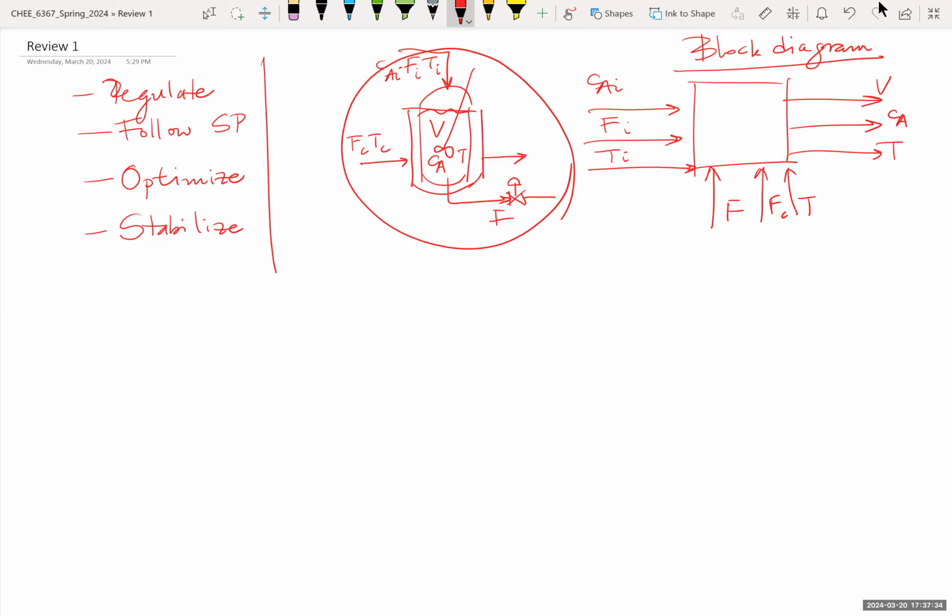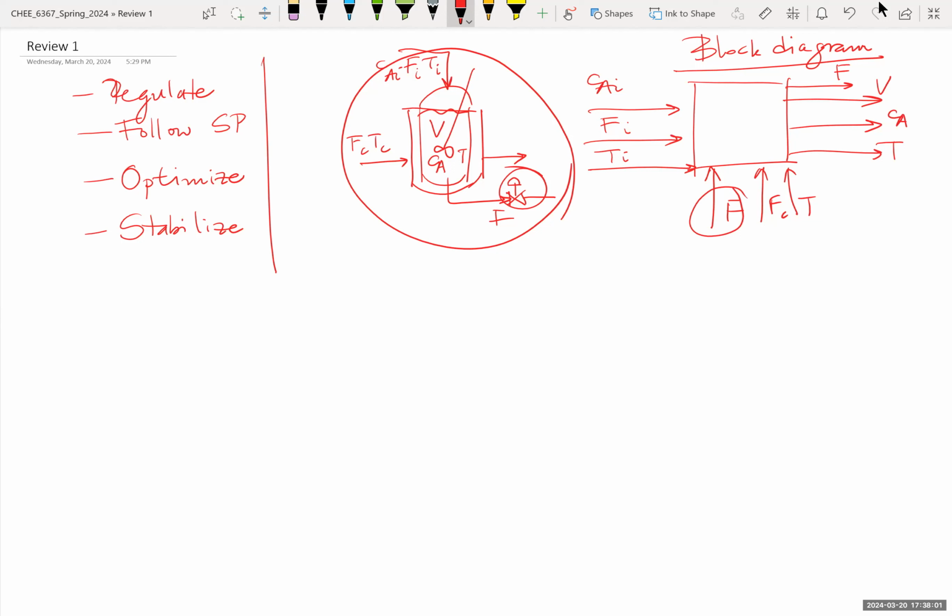Inputs and outputs depend, of course, on the actual configuration, depending on whether you choose to indeed consider something as an input or whether you let it flow freely. For example, this variable F could be an input or it could be an output if you remove the valve and make this a free flow system where the outlet is whatever it is.